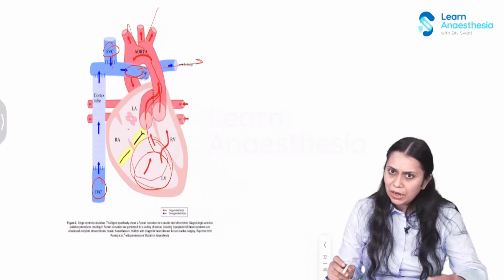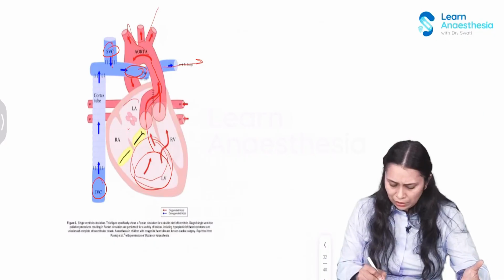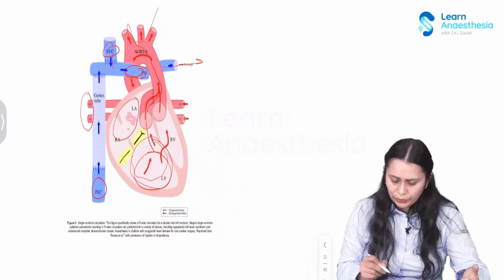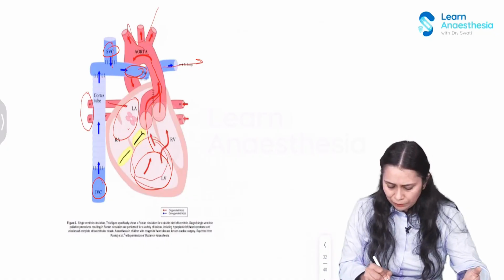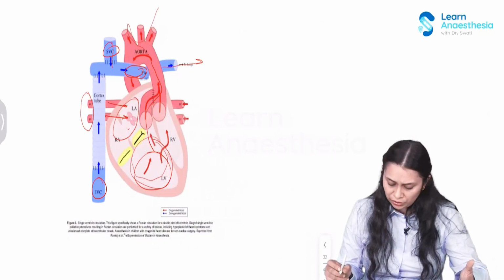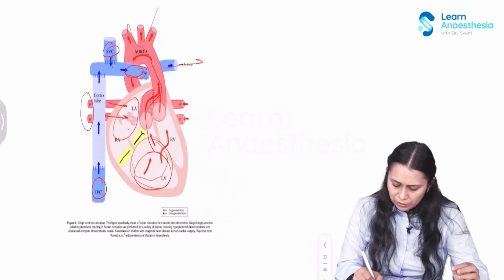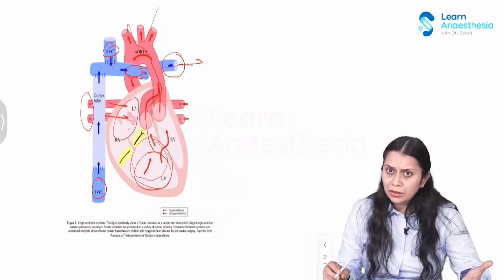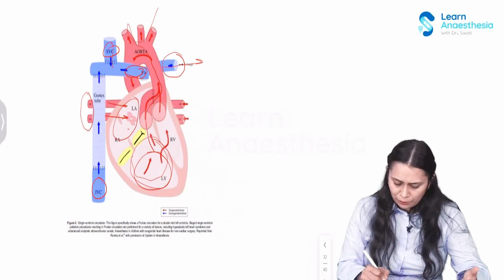Blood returns to the left side of the heart through the pulmonary veins, and this return depends upon the pressure gradient. How much blood will flow into the lungs depends upon the pulmonary vascular resistance, and it also depends upon the left atrial pressure.